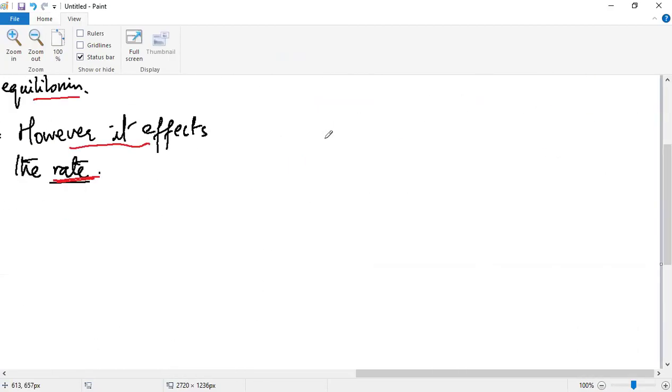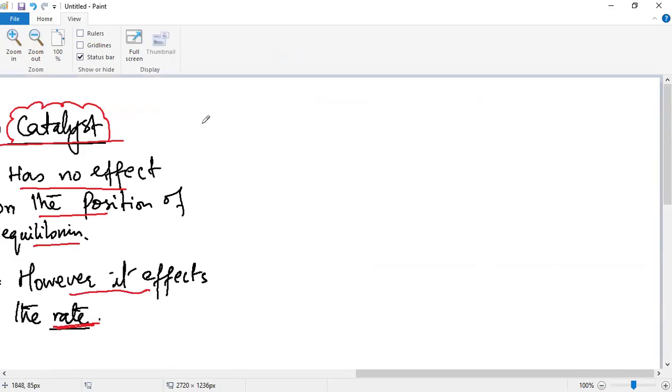I'll write it above. All these factors that are listed on the left hand side here are according to Le Chatelier's principle.